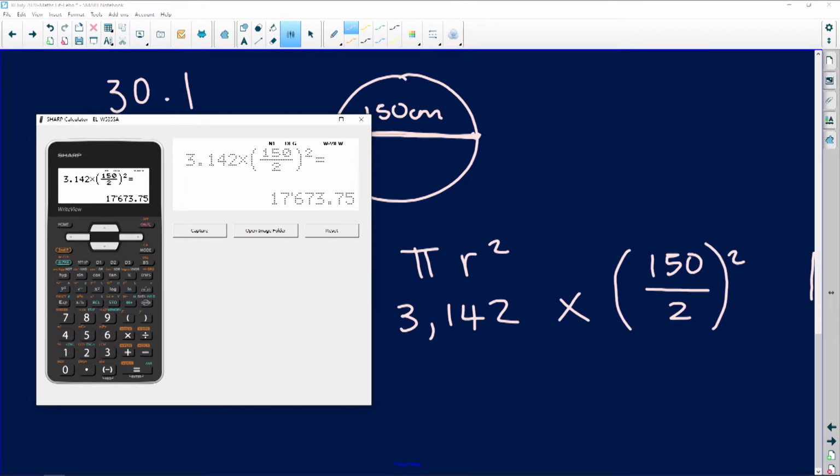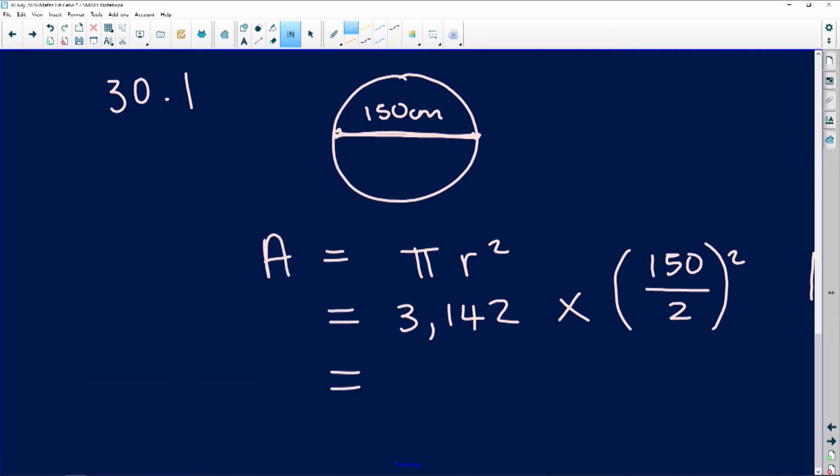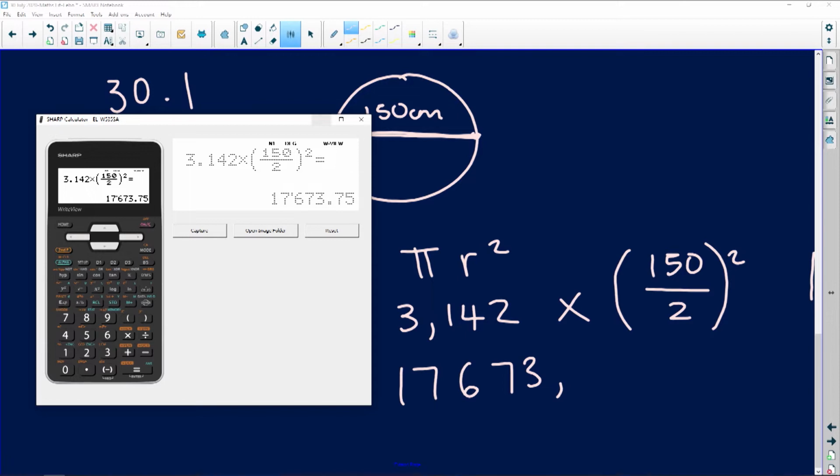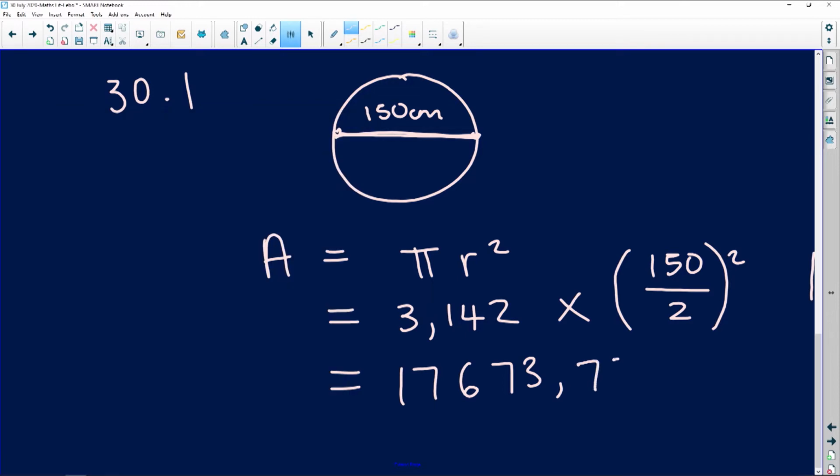Let's go write that number down. 17,673.75 centimeters squared. I'll explain everything just now. The reason why we are sitting on our thousands already is because we're working with centimeters.